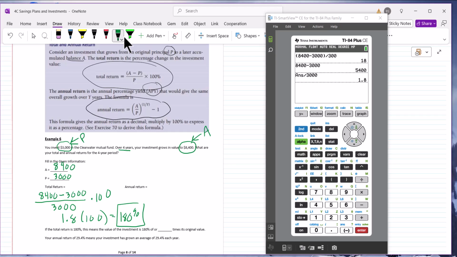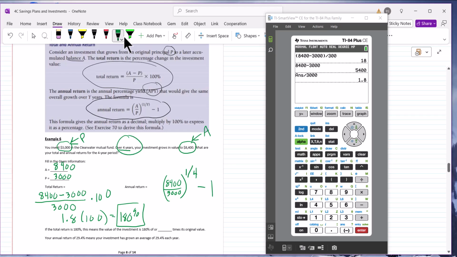When you do the annual return, just follow what the formula tells you to do. Do A over P, so 8,400 divided by 3,000. The exponent is 1 over Y, and Y is 4, since you're given 4 years in this problem. Then you subtract 1.